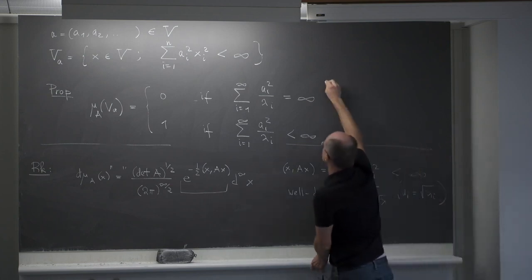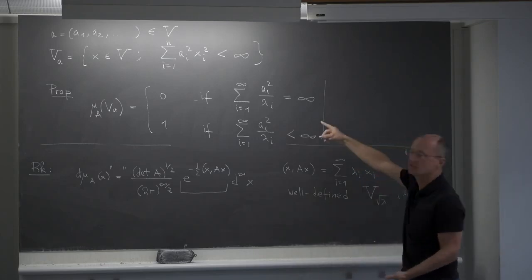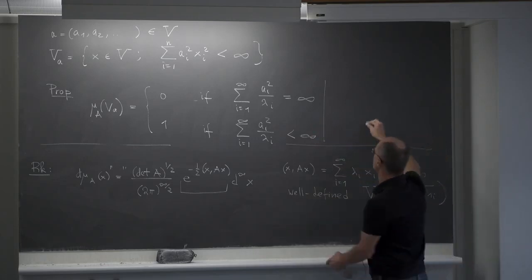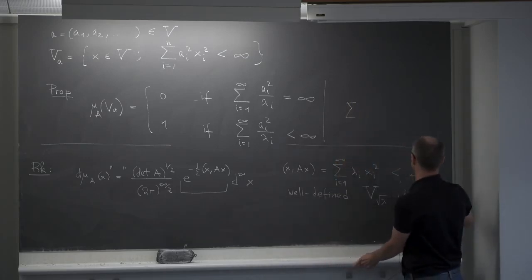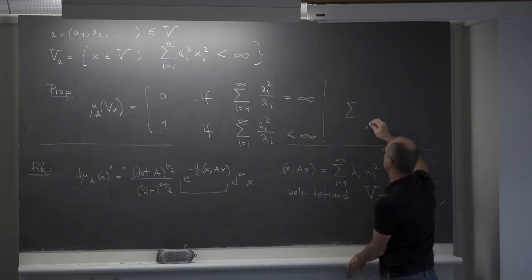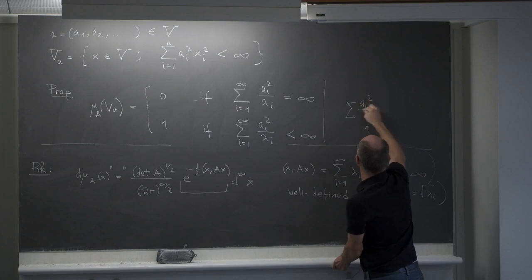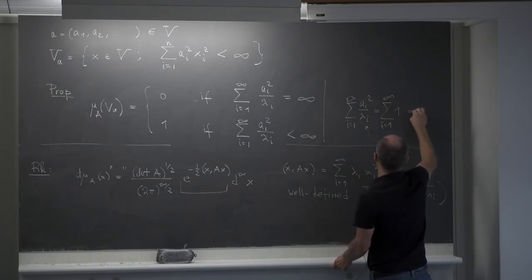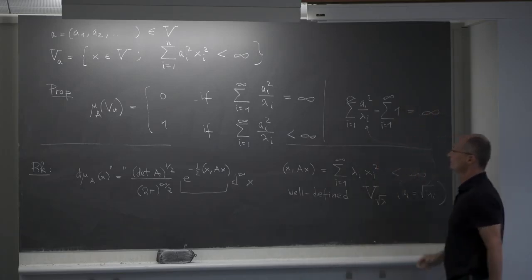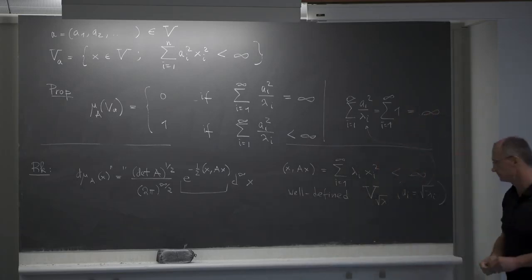Now, let's see what happens with those sums, right? So if we substitute instead of A_i the square root of lambda_i, then this is the sum of ones, which is clearly infinite.